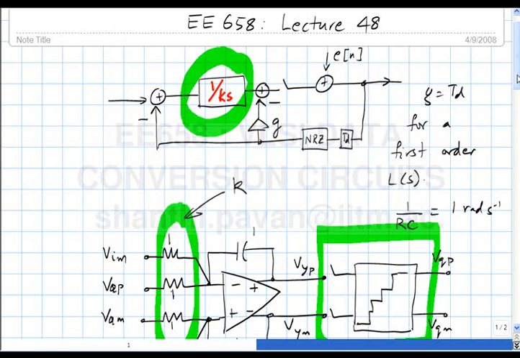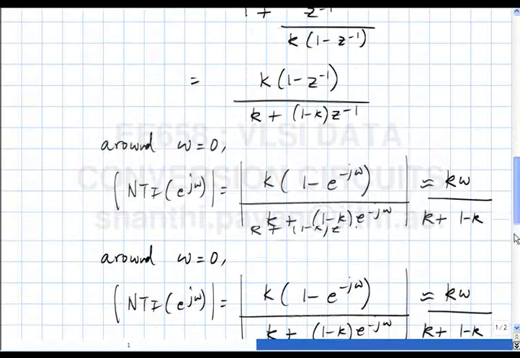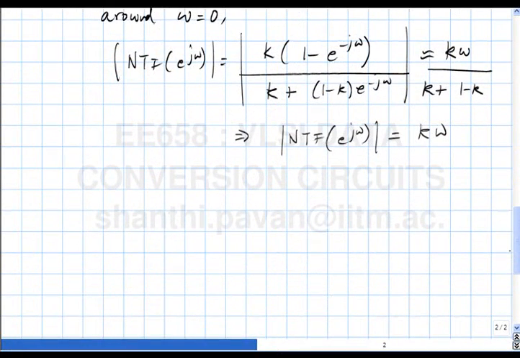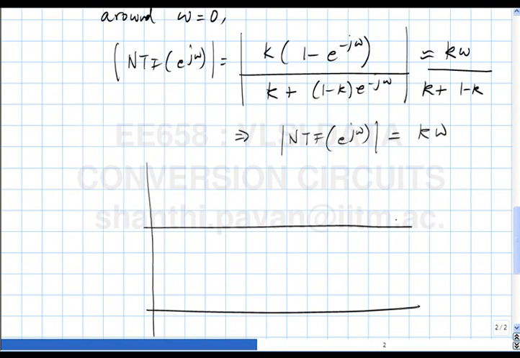Earlier when K was 1, the modulus of the NTF at low frequencies would simply be omega. Now it is K times omega, because the loop filter is less effective now at low frequencies. Does it make sense? Okay, so if I plot the NTF, let me plot this in dB.